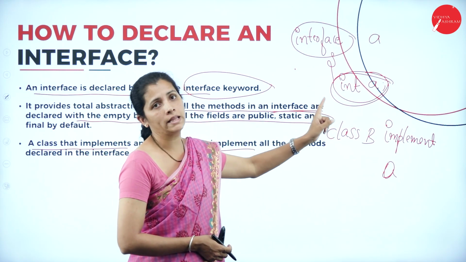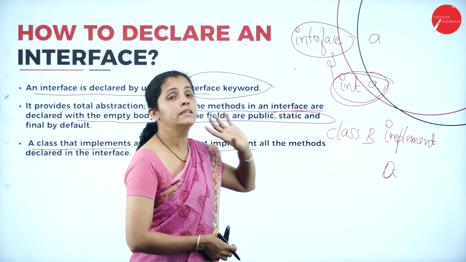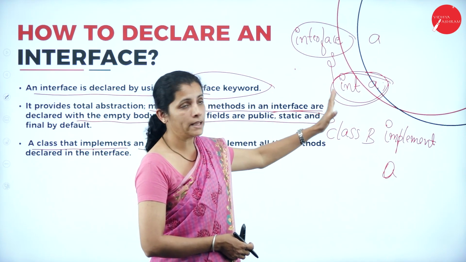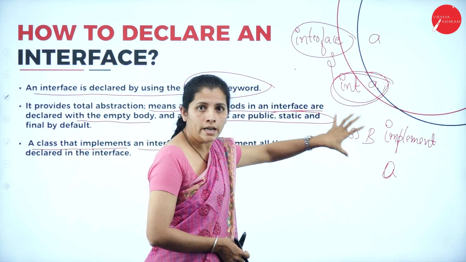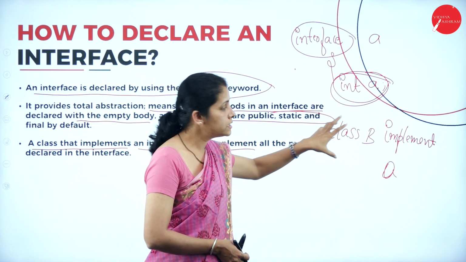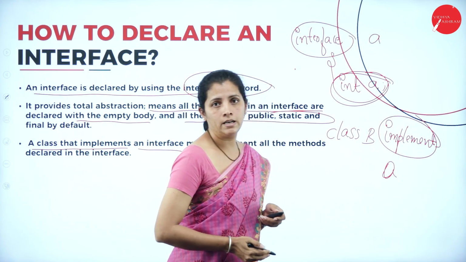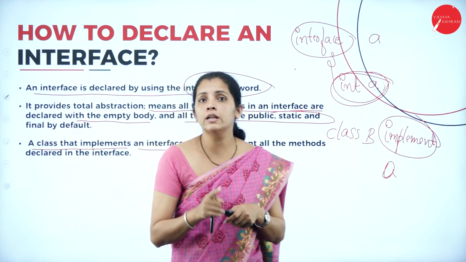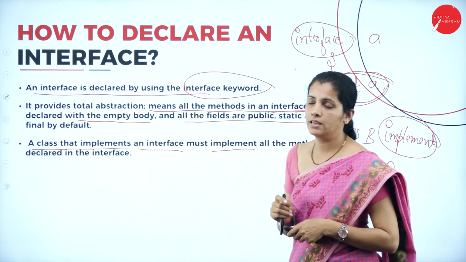And what about methods? They are abstract methods. A method that does not have any body is called an abstract method. And if I want to implement this interface in my class, then I am going to use the keyword implements. So these two keywords you have to remember while writing any interface.